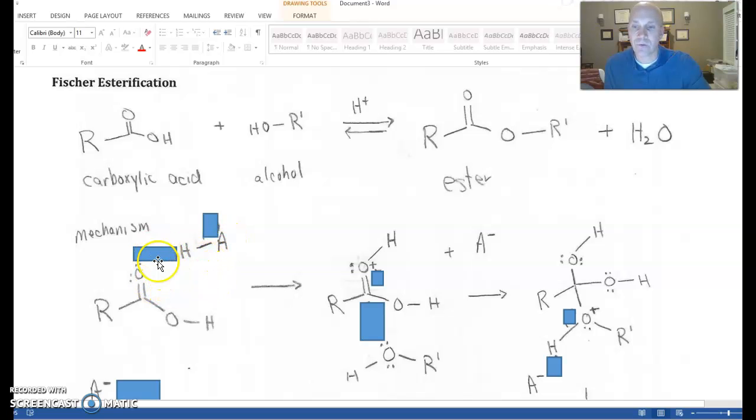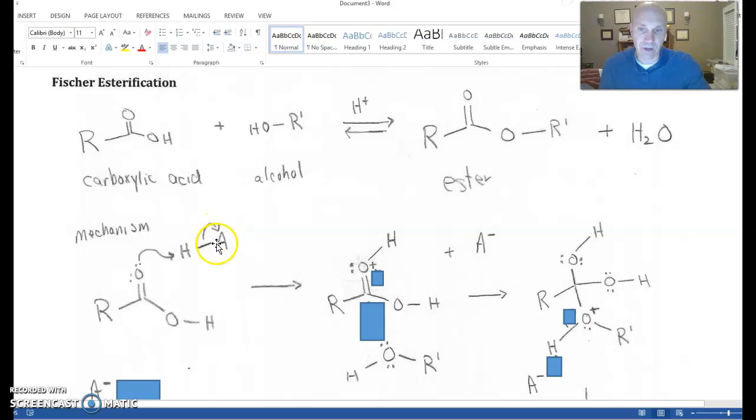The purpose of the acid is that first it's going to react with the carboxylic acid. One of the electron pairs on this oxygen is going to attack the hydrogen, the H plus of the acid.